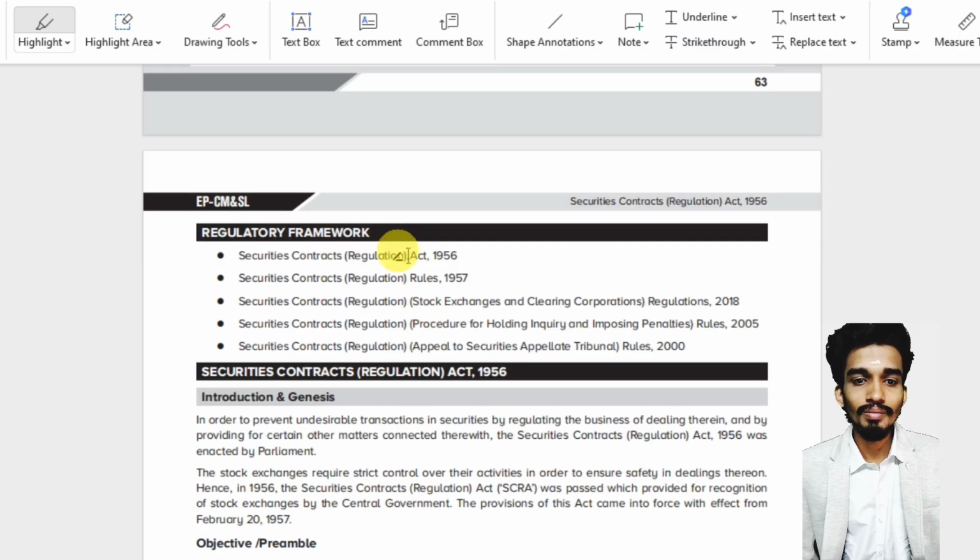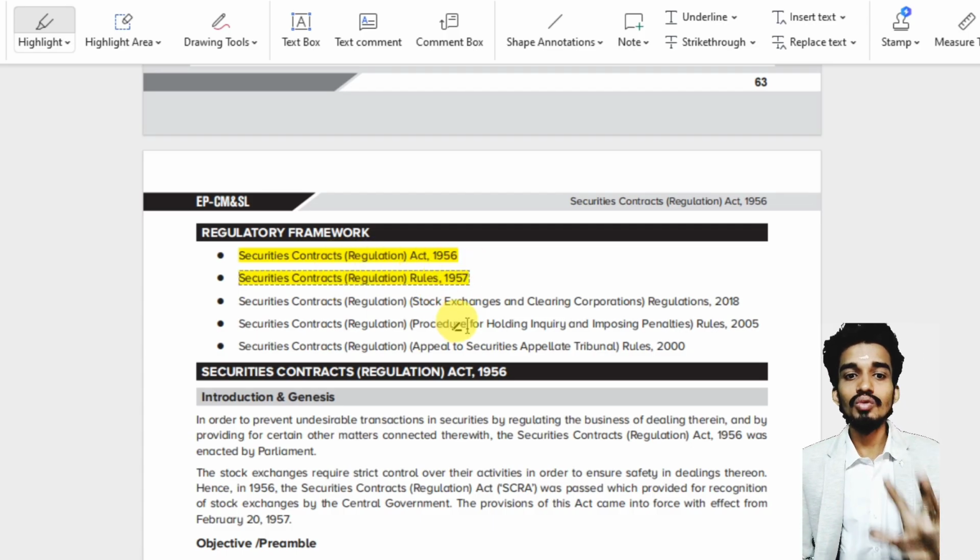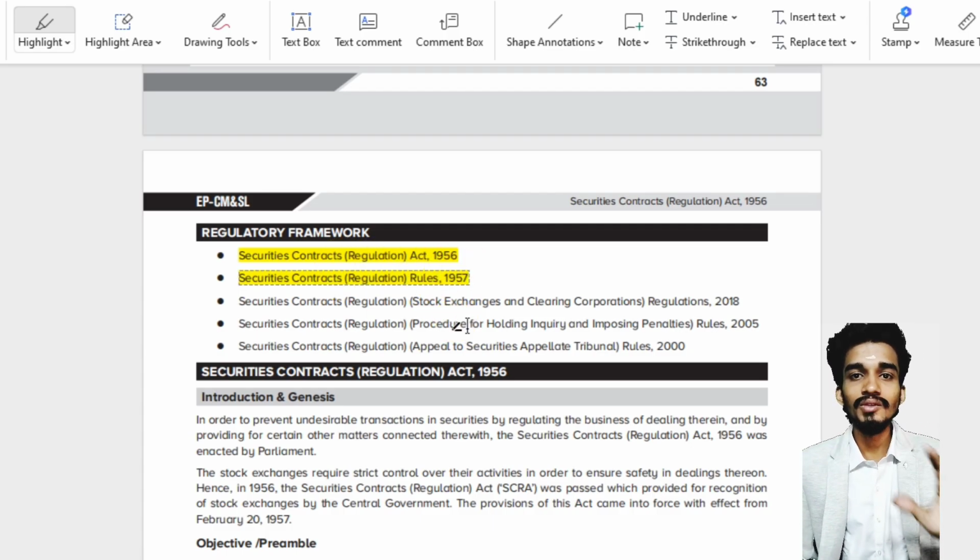So we have two main regulation act and the rules, which is your Securities Contract Regulation Act 1956 and your Securities Contract Regulation Rules 1957. These are the two important things which we deal with in this chapter.